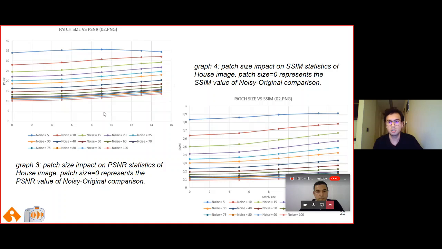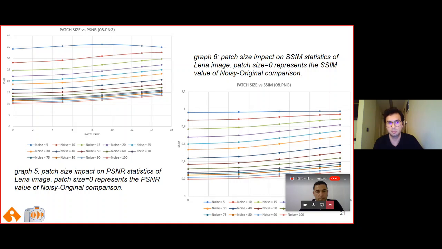Let's also check Lena, for example. You can see the relationship between the noise levels, patch size, and image content. So we can say that the optimum patch size changes depending on the image content and the noise standard deviation.